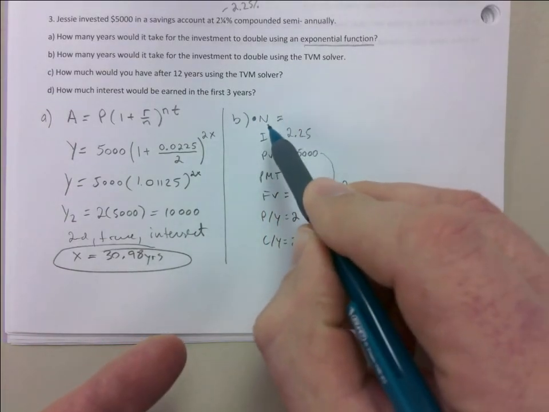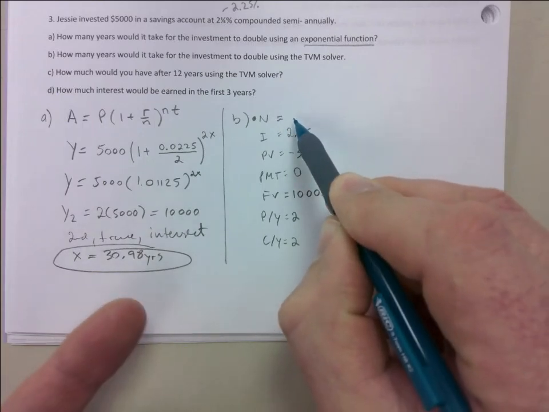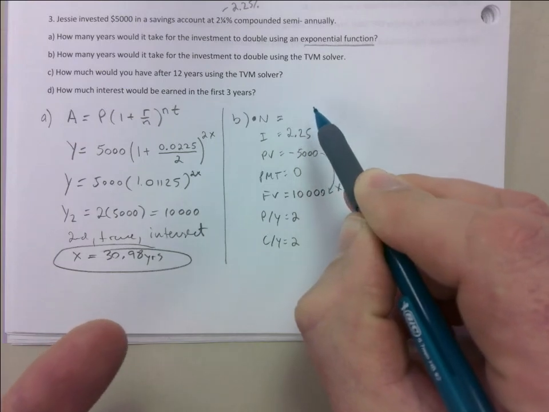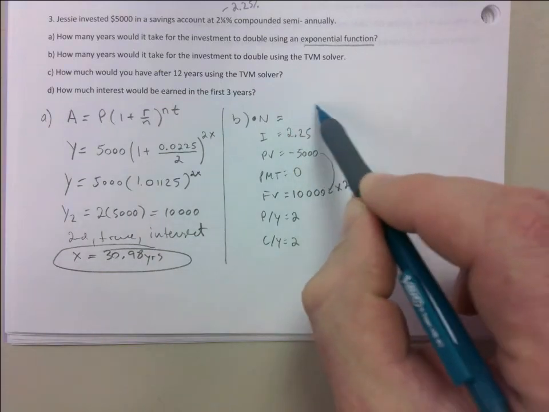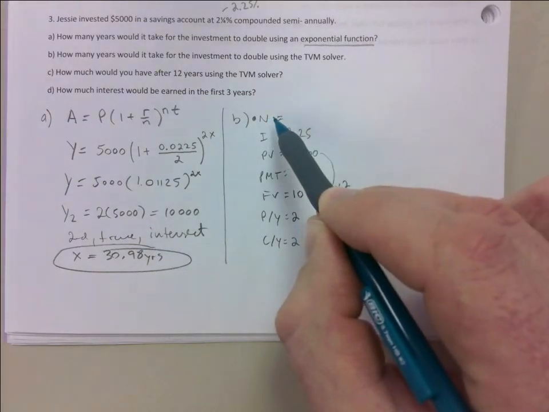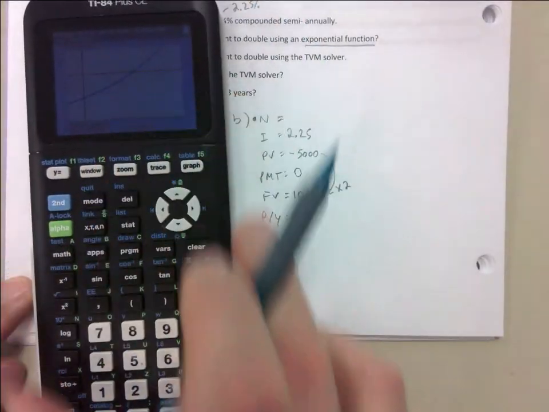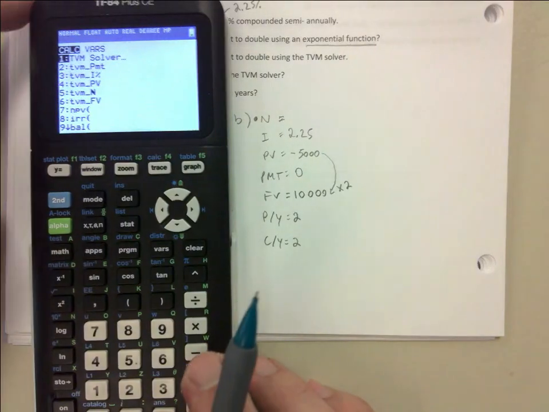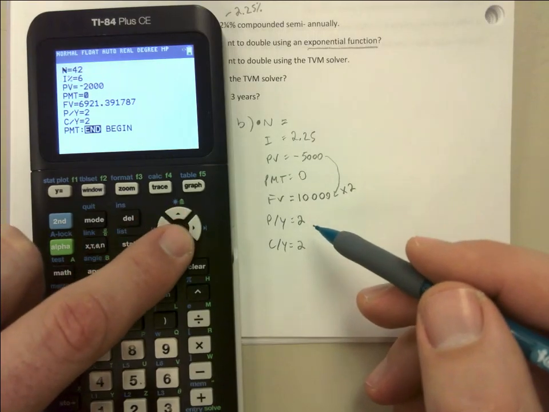Do you remember how we come up with N every time? Years times PY. Do you remember that? So the years are always hidden in N. Inside N is where you're going to find the years. So let's figure out what N is. Apps, enter, enter, put all that stuff in.